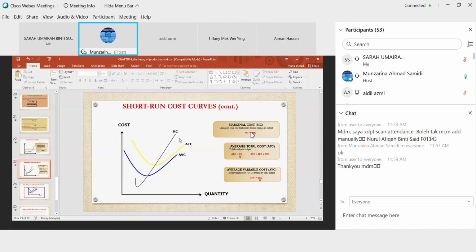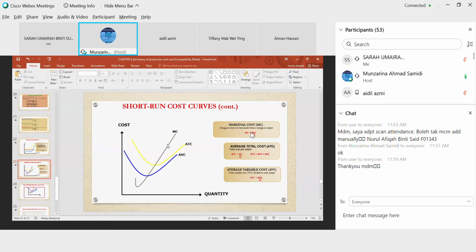You should understand the concept of marginal and average by now. You should know that marginal will cross average at either the minimum or maximum. Because this is a U-shaped curve, the marginal cost will cut AVC and ATC from below, because this is a U-shape, not an inverted U-shape.